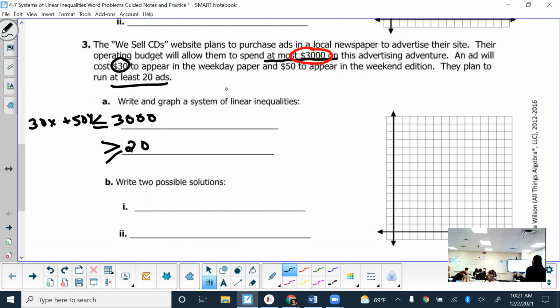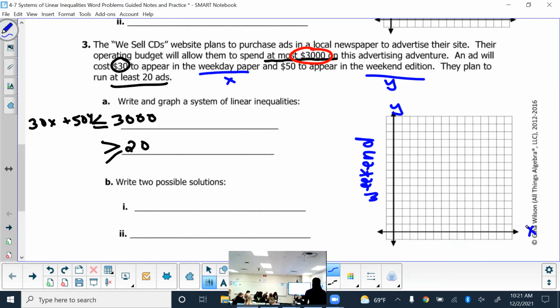So if we do it that way, that means the weekday paper is the x and the weekend is the y. So you can label that on here too now if you want. So y is for the weekend, and x is for the weekday. And labeling it just helps for later when we do the coordinates in the solution area to make sure we label those right.